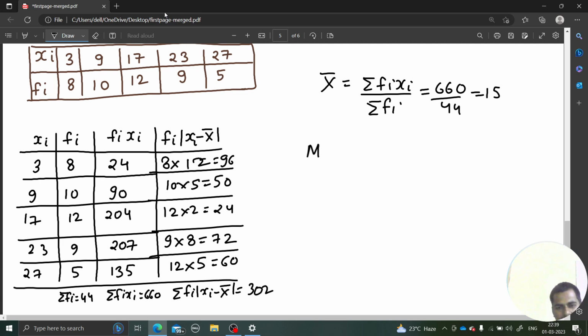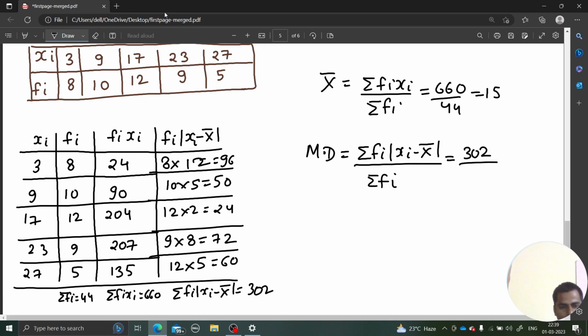So your mean deviation, let's shortly write MD, will be summation fi modulus of xi minus x bar divided by the sum of frequency, summation fi. So this is 302 and the other one is 44. So this is coming out to be 6.86.